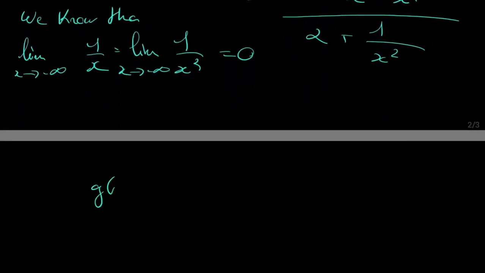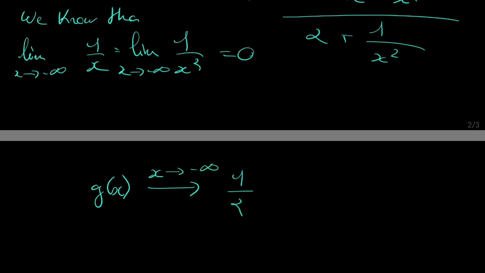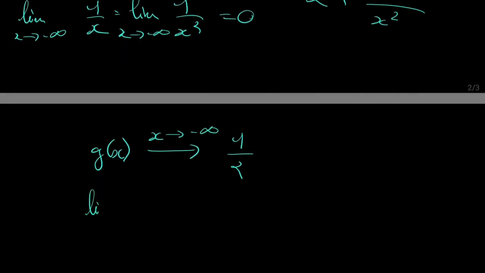In conclusion, g of x will tend to 1 plus 0 plus 0 over 2 plus 0, which is equal to 1/2 as well, when x tends to minus infinity. This is another way of writing the limit of g of x when x tends to minus infinity is equal to 1/2.